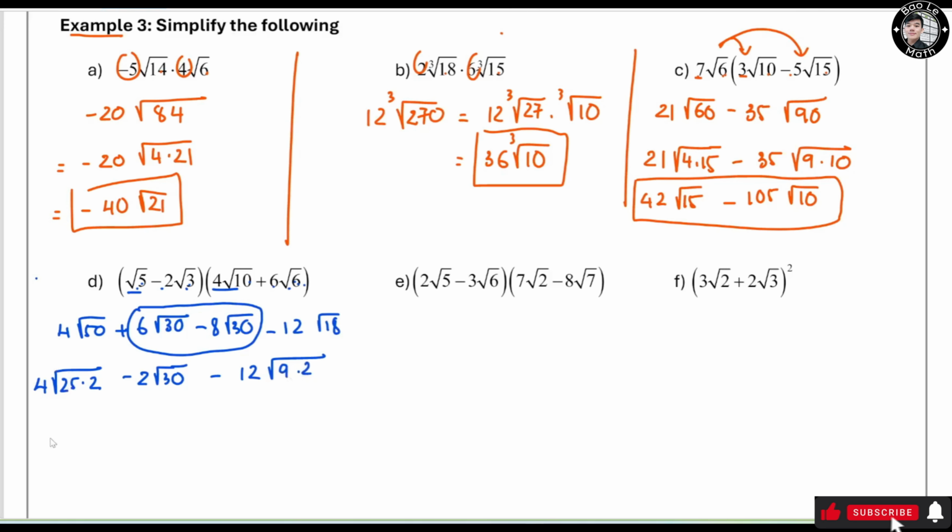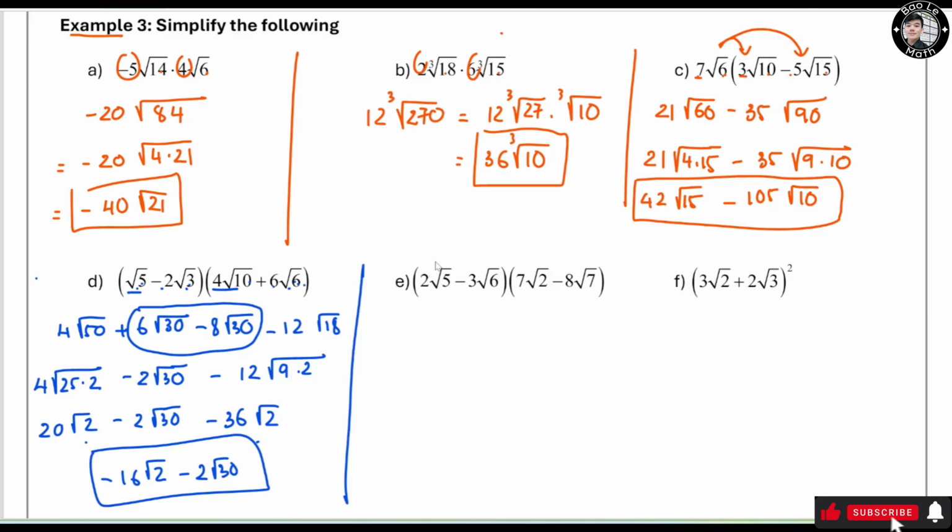Now 25 bring outside is going to be 5 times 4, it can be 20 root 2. Minus 2 root 30. Minus 9 bring outside, it could be 3 times 12, it could be 36 root 2. Combine these two guys, it could be negative 16 root 2 minus 2 root 30. Right?